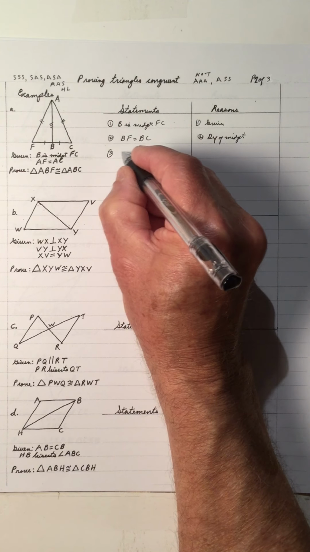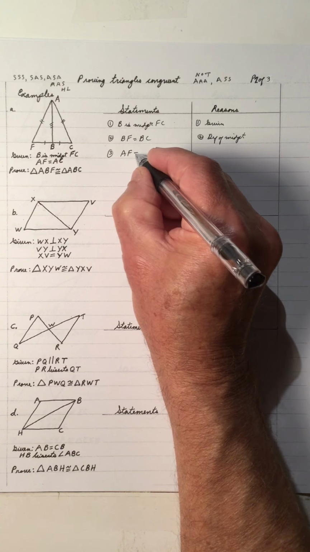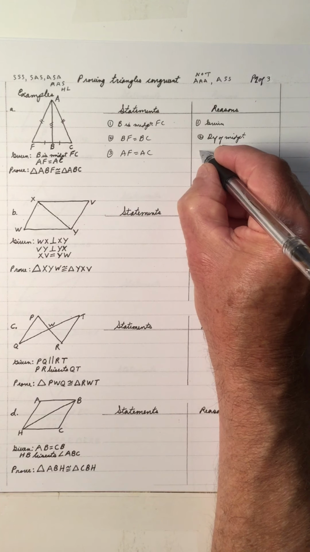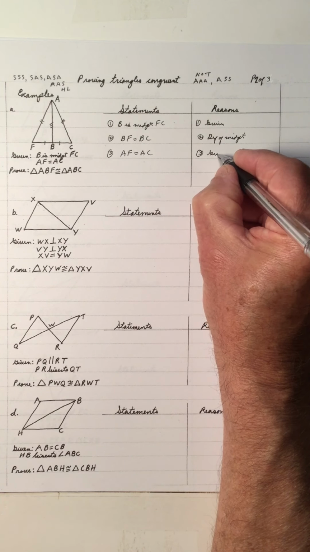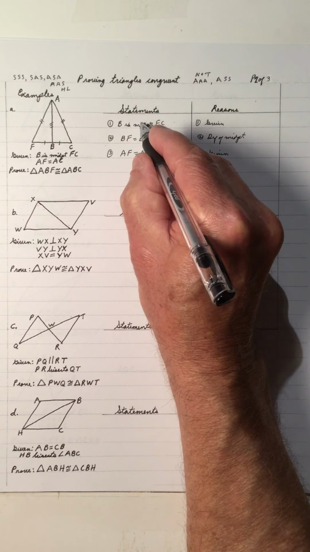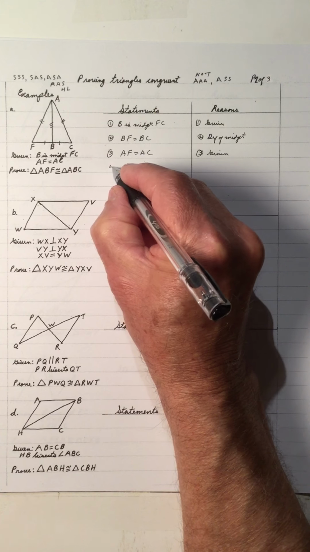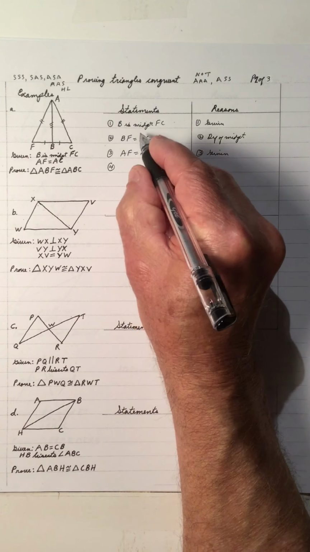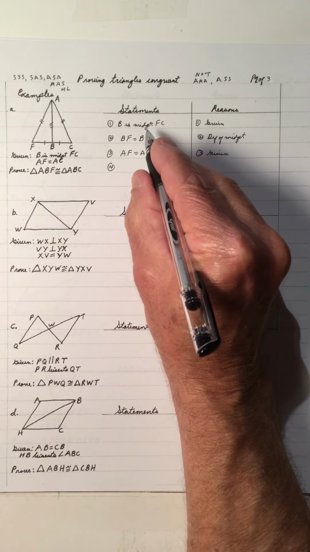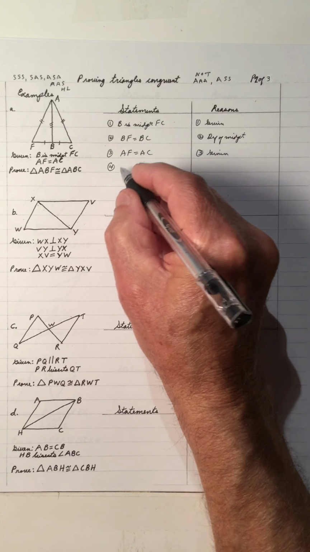And number 3, AF equals AC, that's a given. Now sometimes some teachers will allow you to put all the givens in the first step and then you can take it from there, but I did it one at a time because I wanted to take the midpoint and show you that these two segments are equal.